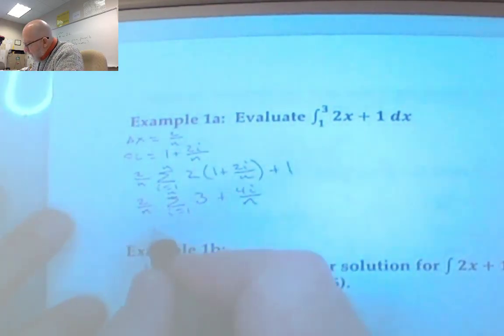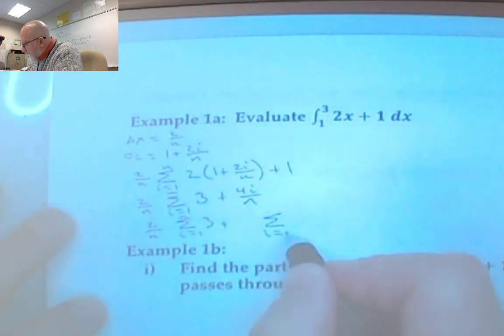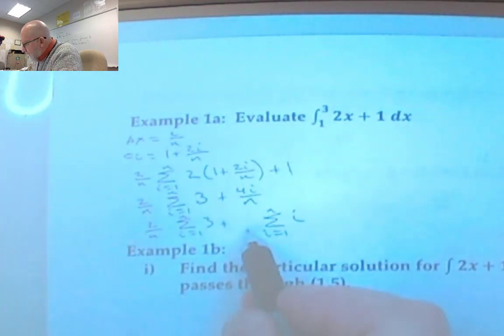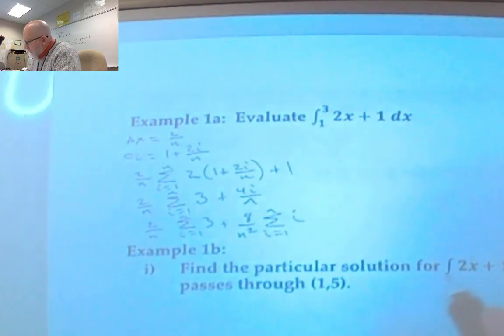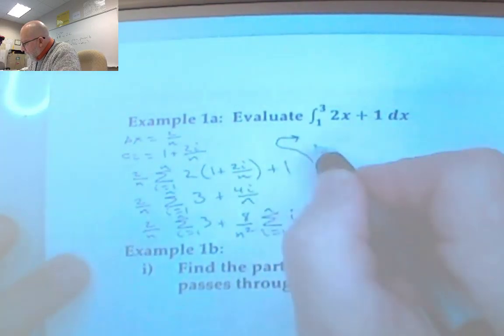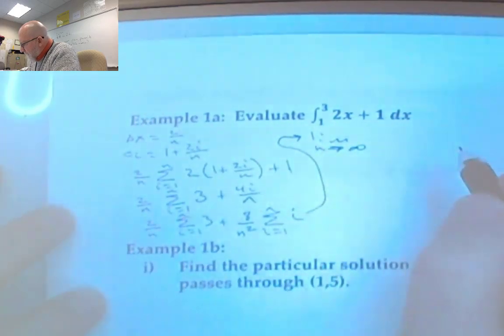And then would you say I could break this up into 2 summations? Plus, and then this one would be i equals 1 to n, and there's i by itself. But what would be in front of here? 8 over n squared. So now I'm going to take the limit. I'm going to bring it up here. So I'm going to take the limit as n goes to infinity.